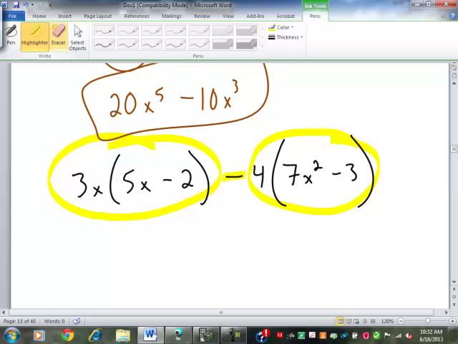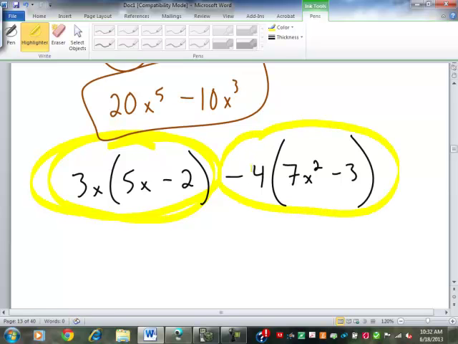So the easier way to think about this, and the way I'm going to do it, is this. We multiply these two together like we said. Then we multiply these two together, treating that as a negative 4 times all that. The reason I can do that is, remember, when we subtract, we can change it to plus the opposite. So instead of minus 4, we're going to think of that as plus a negative 4.